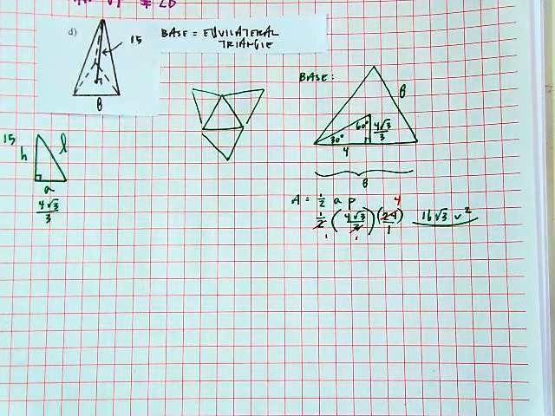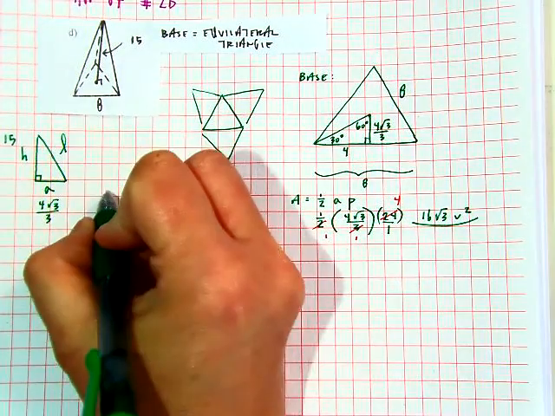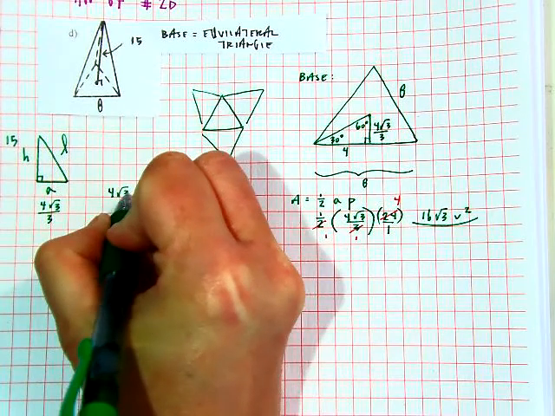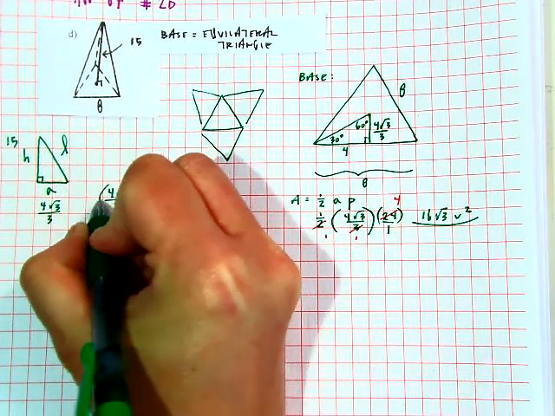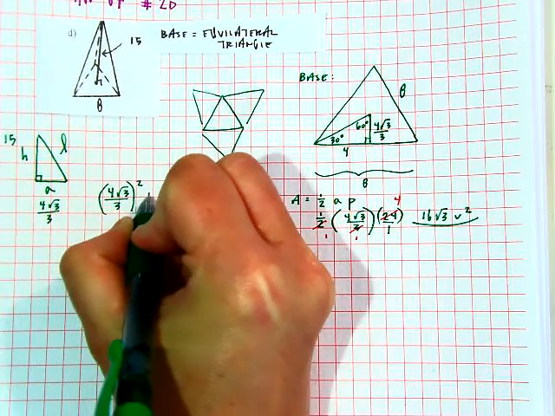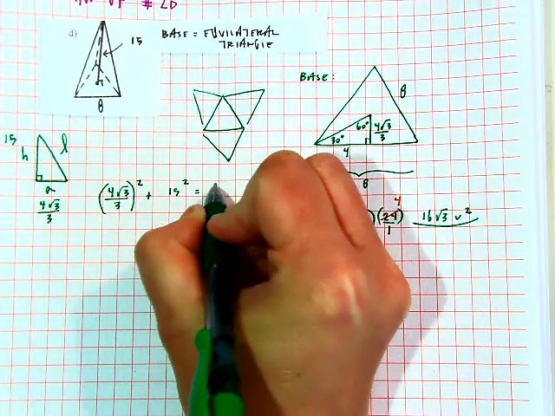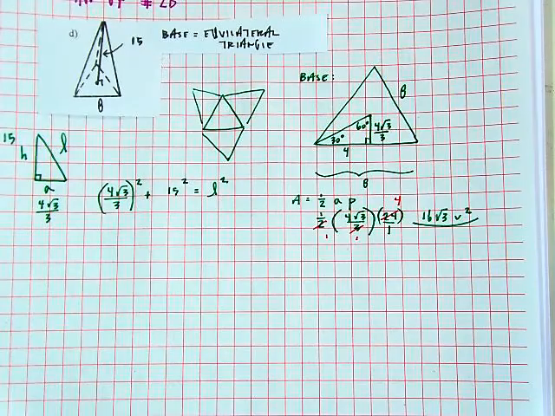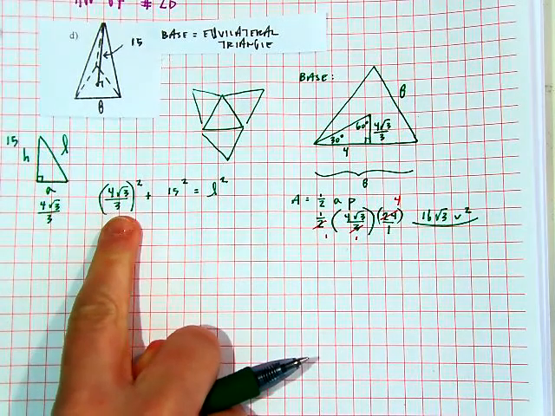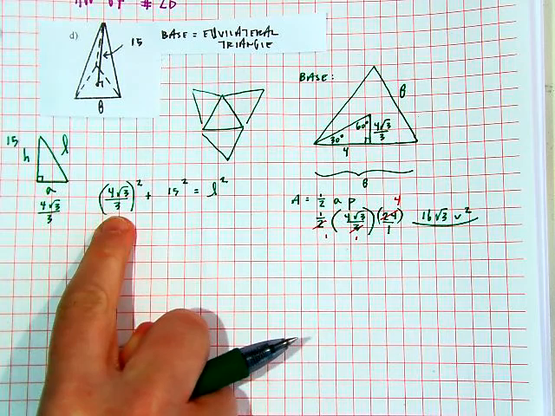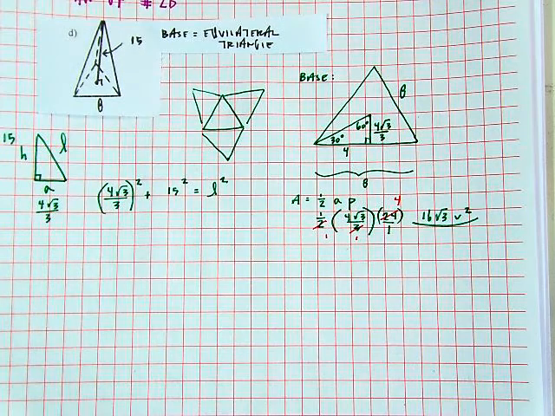So I'm going to have to use Pythagorean theorem. So I have 4 root 3 over 3 squared plus 15 squared equals the slant height squared. So now resolving this, if I have 4 root 3 over 3 as a quantity squared, everything inside is going to get squared.